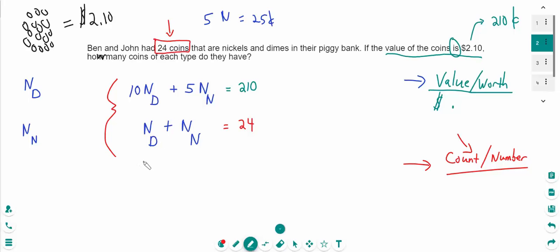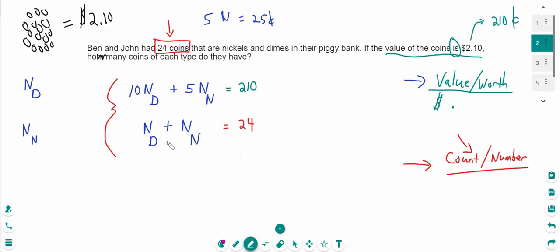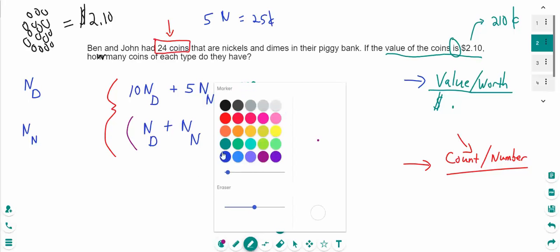So we're going to use elimination or substitution here. And I think in this case, I'm feeling a little bit like elimination right now. So let's just do it with elimination. If you wanted to do substitution, feel free to do it. I'm just going to take this bottom equation and I'm going to multiply it by a -5. I'm going to get rid of the number of nickels. Okay, so I'm going to multiply this by a -5. All right, and if I do that, what is that going to give me?